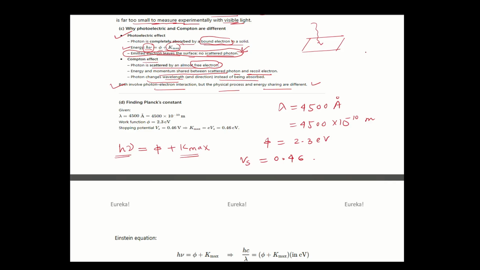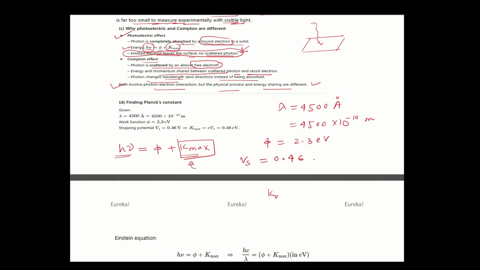Now, from the definition of the stopping potential, we can equate this maximum kinetic energy with e V naught, where e is the charge of the electron and V naught, sometimes written as Vs, is the stopping potential.